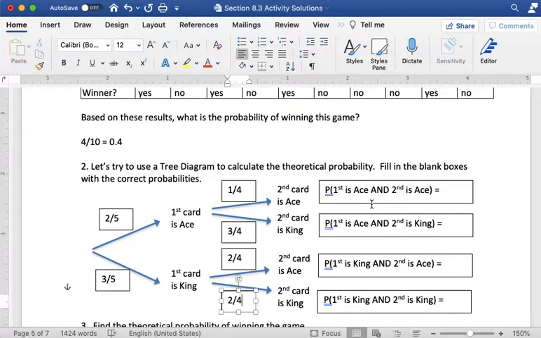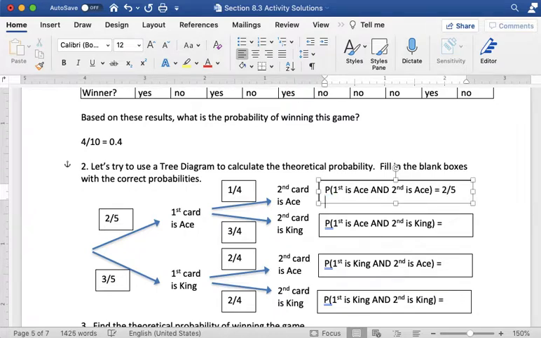Now, to find the probability, I'm going to multiply the probabilities of each. So it's the probability of getting an ace on the first draw times the probability of getting an ace on the second draw. Since this is an and situation, I am multiplying the probabilities here. So that's going to be 2/5 times 1/4.